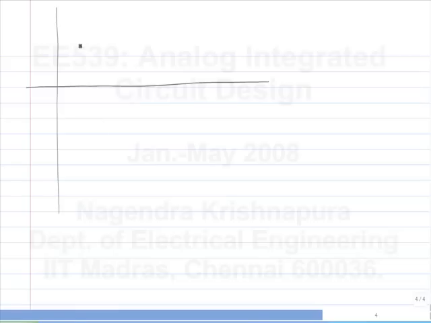Okay. So let's take a case where the loop gain is an integrator and another parasitic pole.